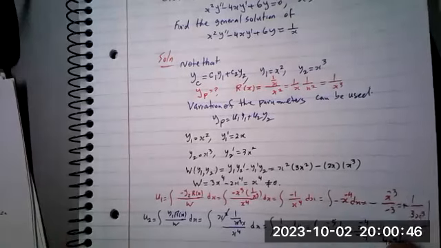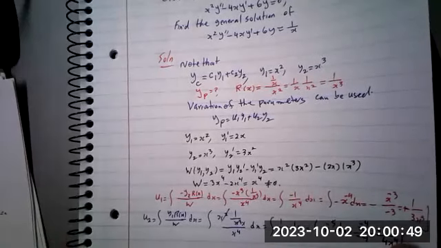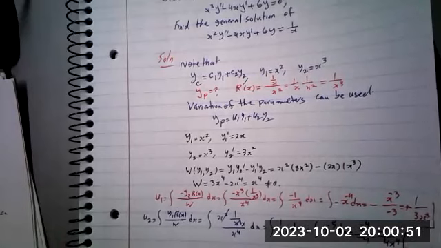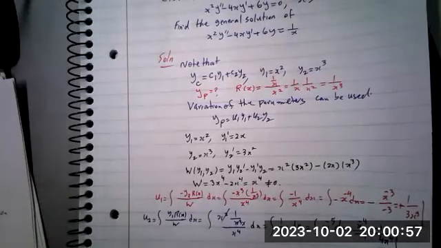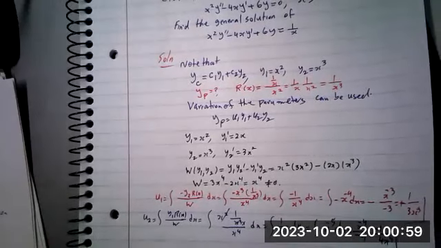Okay? Are you done? Ready? We are not done, of course. You have to get the yp. Remember yp is u1 y1 plus u2 y2. Let's multiply them together. I will post this note later so you can check it if you want. So get the yp. yp is u1 y1 plus u2 y2.